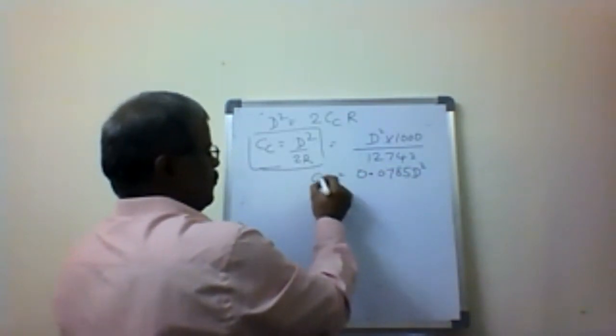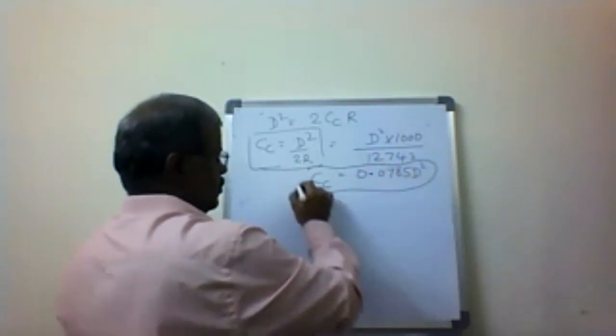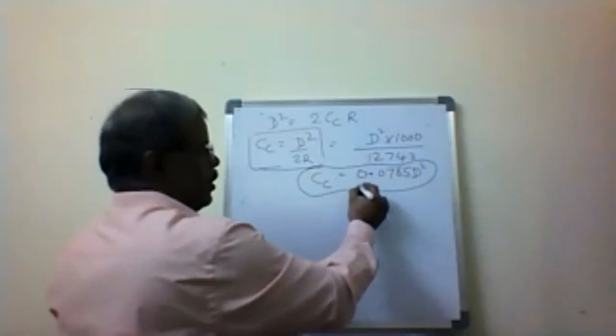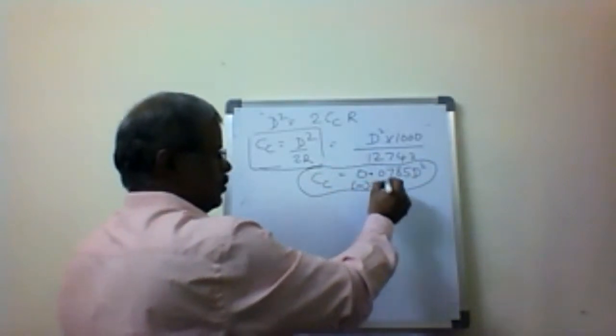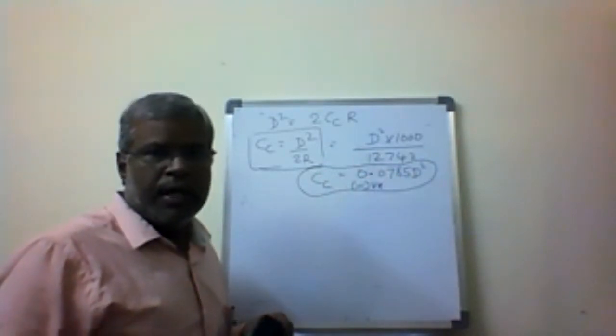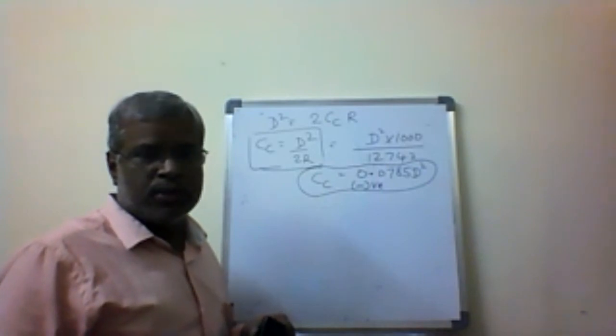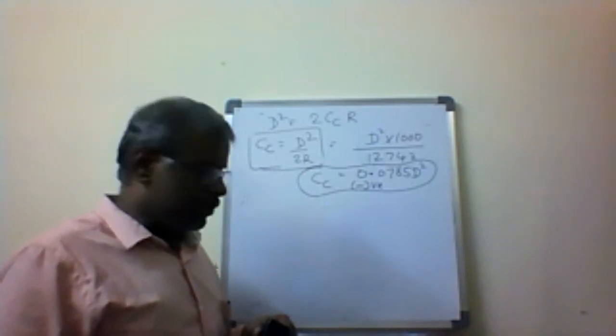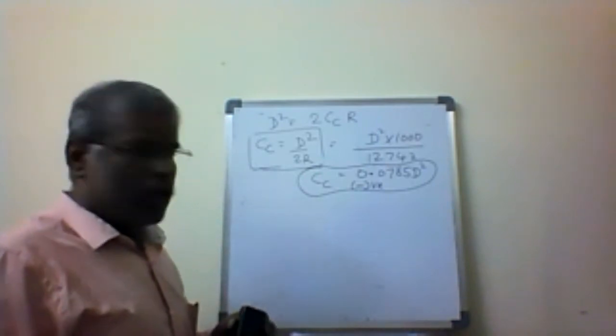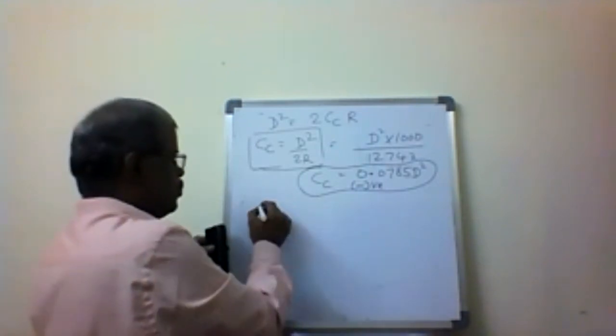So your CC value will be negative. Curvature correction is always subtractive, or negative. The magnitude of the coefficient of curvature is 0.0785 D square. Now we calculate the true staff reading.